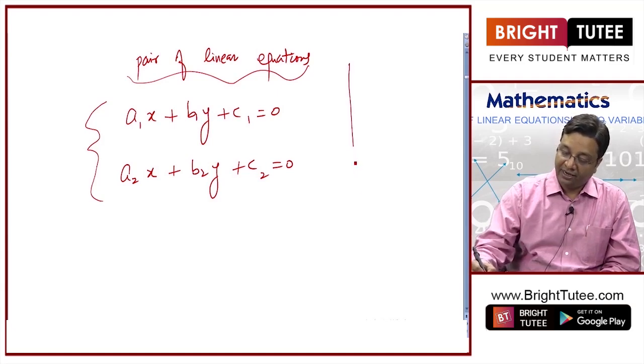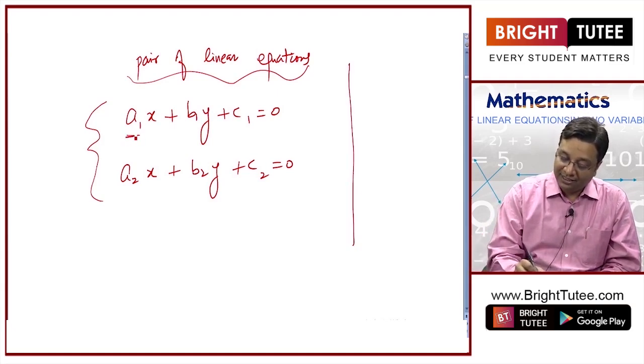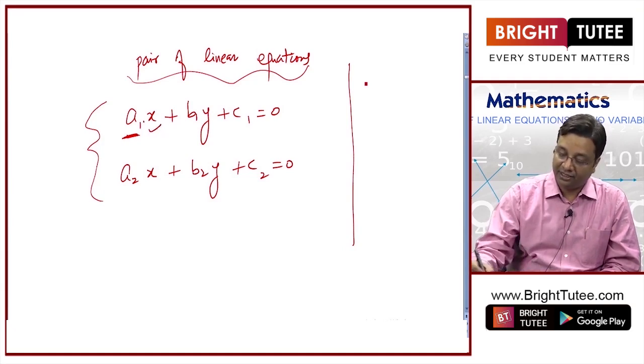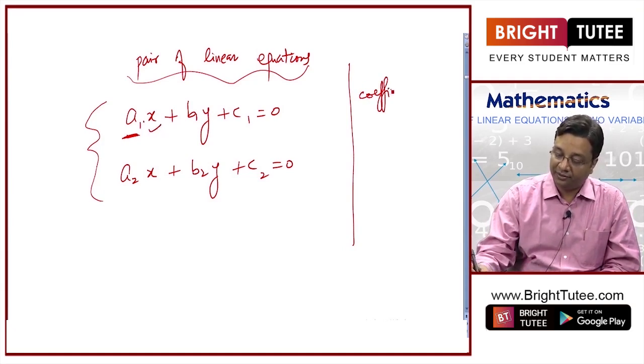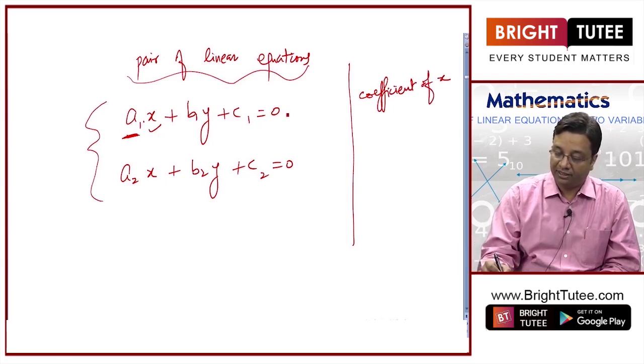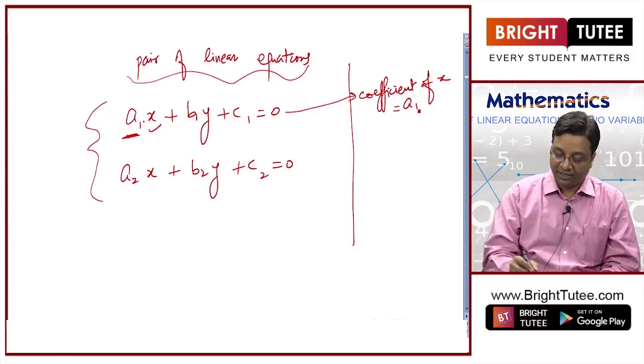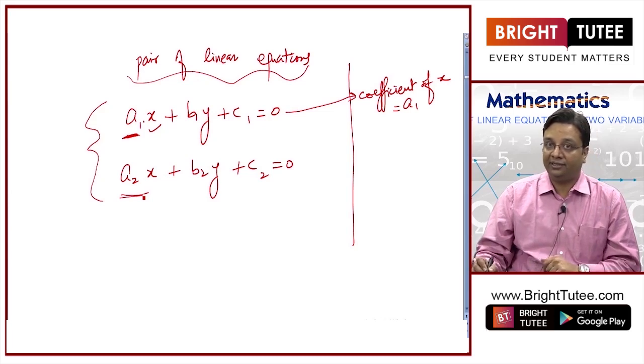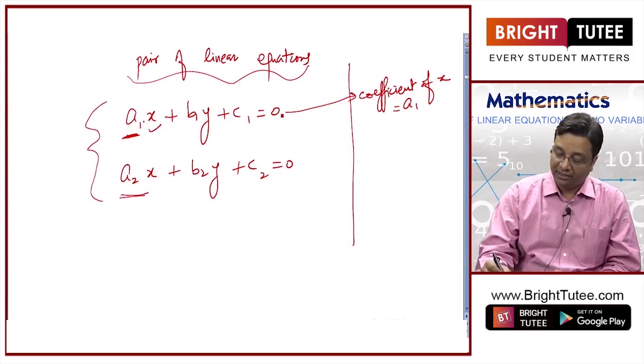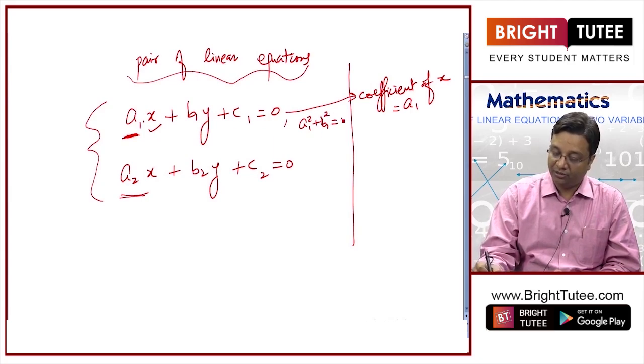Okay, and I hope you know that this number that is with x is known as the coefficient of x. In this equation a1 is the coefficient of x, and here the coefficient of x is a2. We can also write a1 square plus b1 square is not equal to 0.